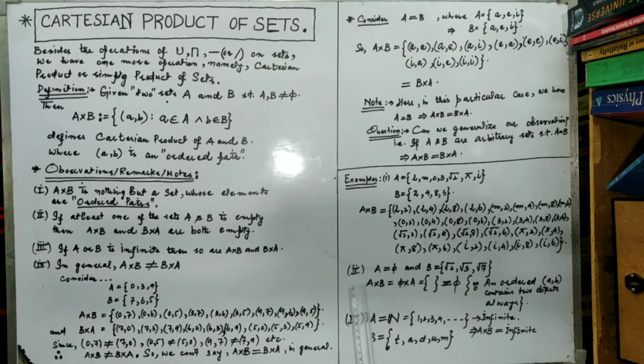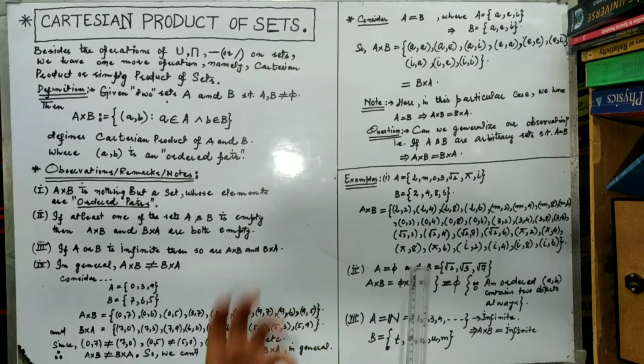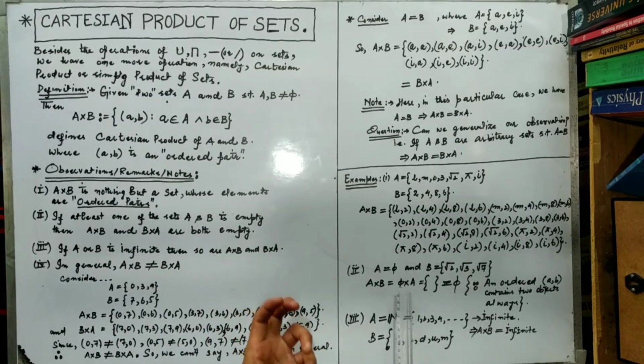Now here is a second example. In this case, the set A is empty, that is phi, and the set B consists of these elements. As you can see, A cross B is equal to phi, the empty set itself. Why is A cross B equal to the empty set? Simply because an ordered pair consists of two objects, but in this case one of the sets is empty.